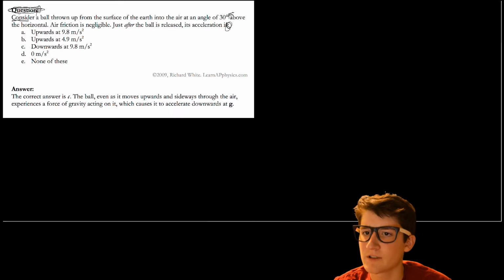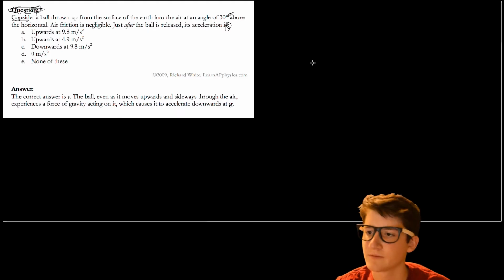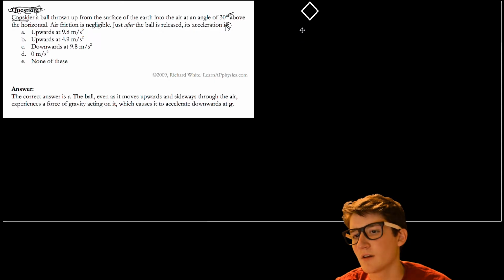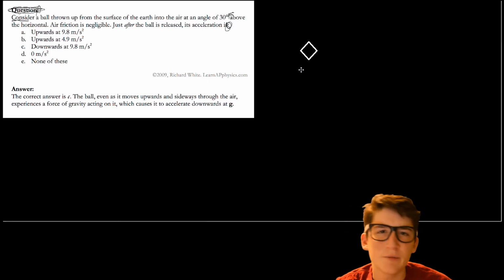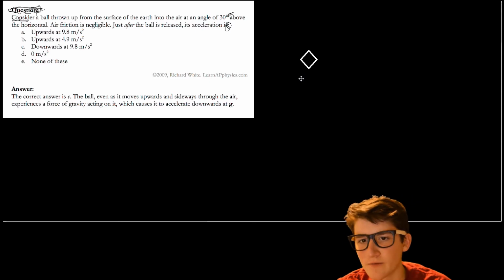Okay, so let's visualize this. So here's the ball. You start moving the ball up, and then it comes back down. So when you're standing on the earth, only when you're standing on the earth. So it goes like this, 30 degrees Fahrenheit. So it's a little bit below freezing, okay?